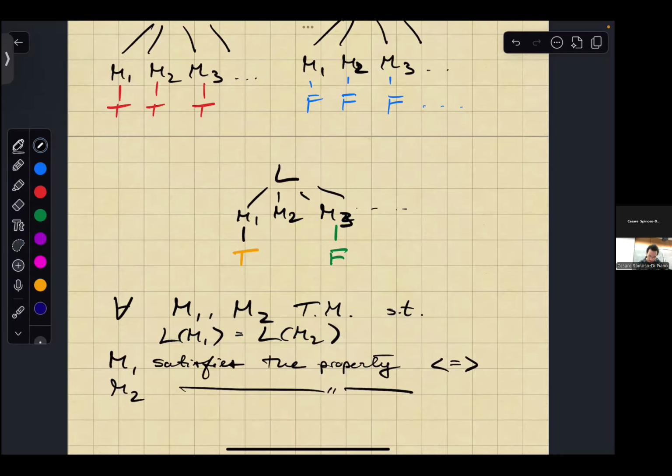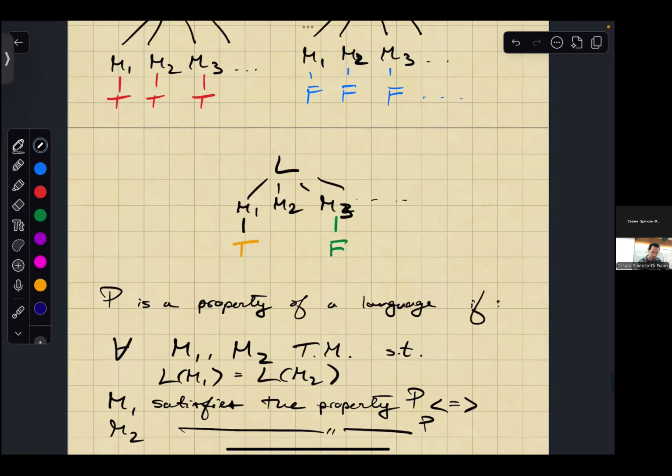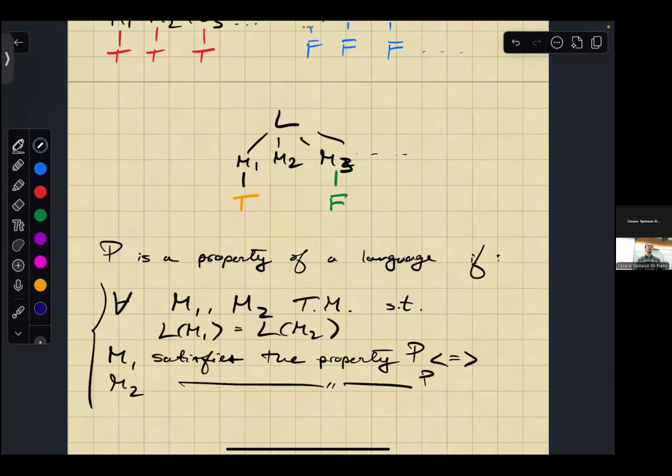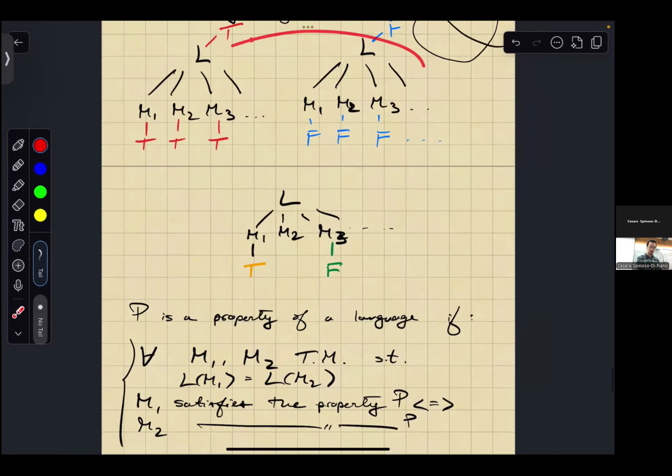So the property, let's say P, I'll write this as something like: P is a property of a language if the following holds. But this is the propositional way of talking intuitively about how I talked about the property here. Okay.